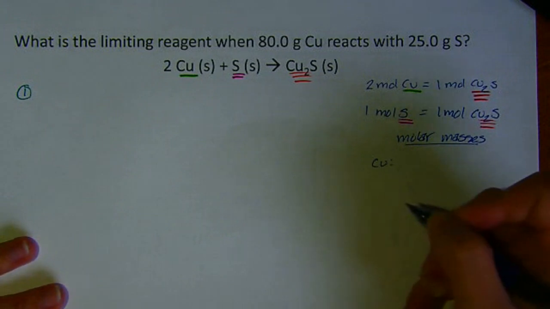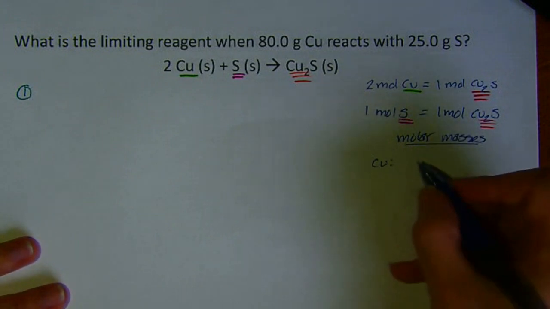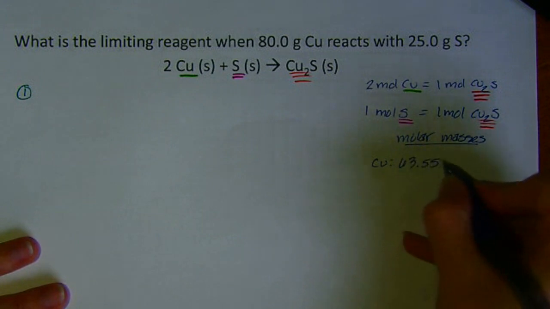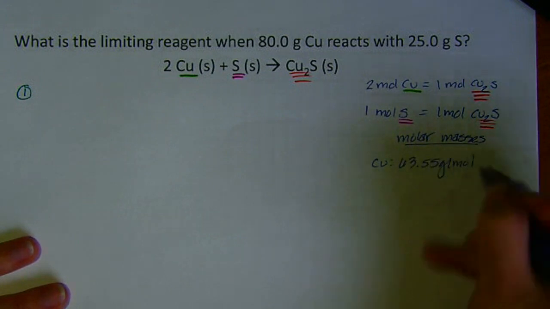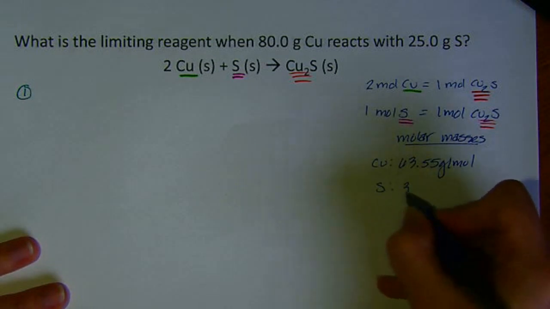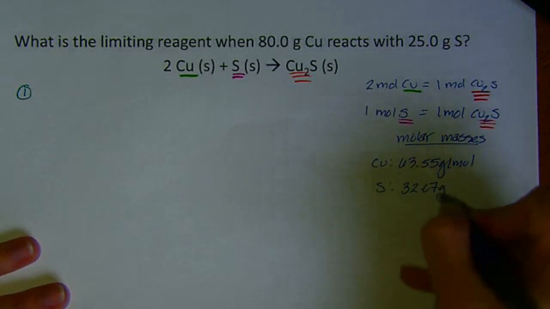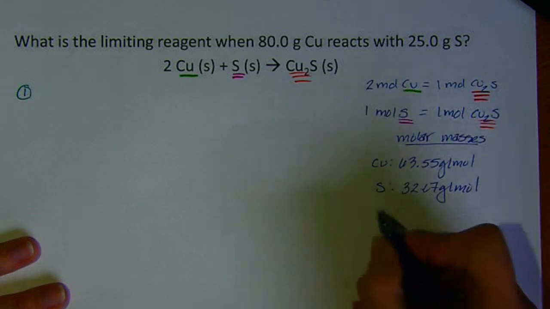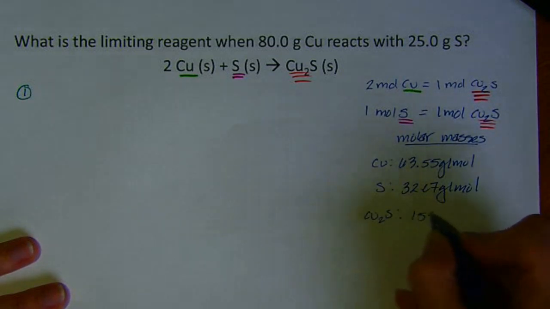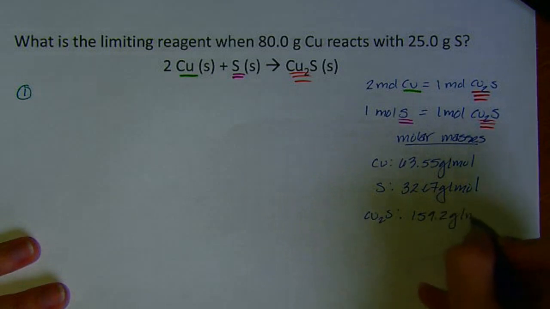Remember that we get these from the periodic table. Copper's molar mass is 63.55 grams per mole. Sulfur's is 32.07 grams per mole. And copper sulfide's is 159.2 grams per mole.